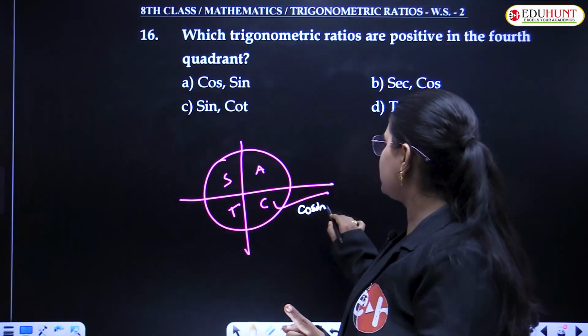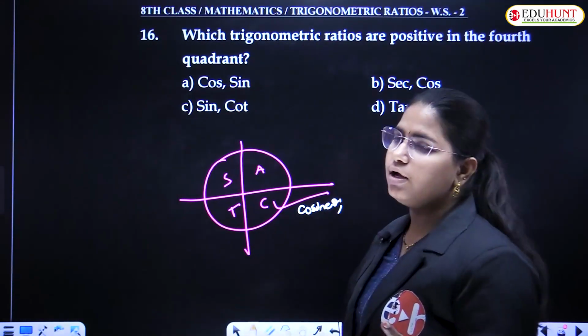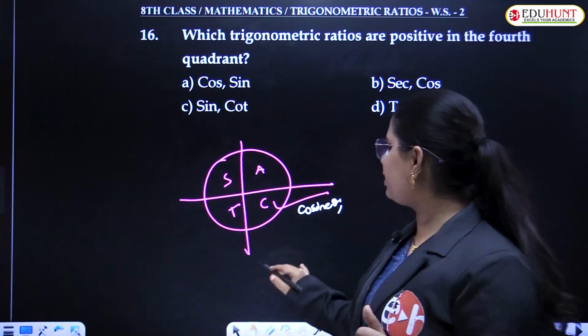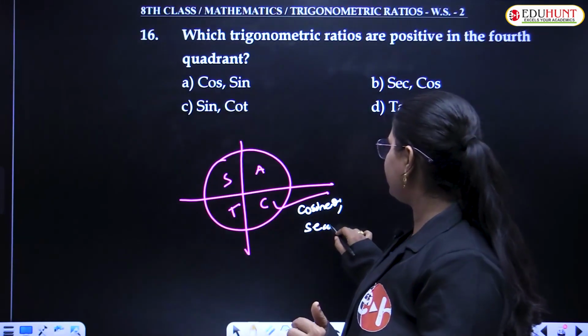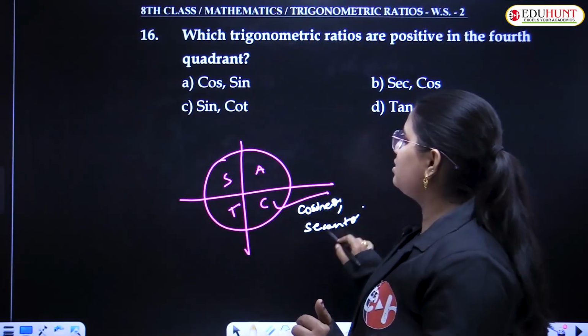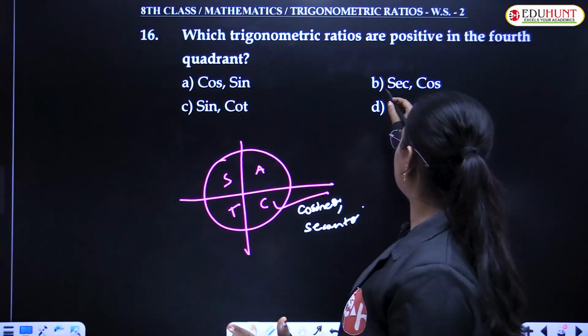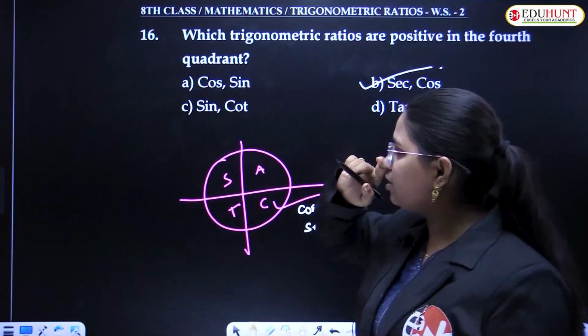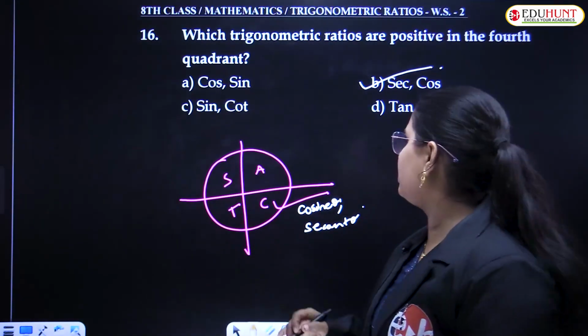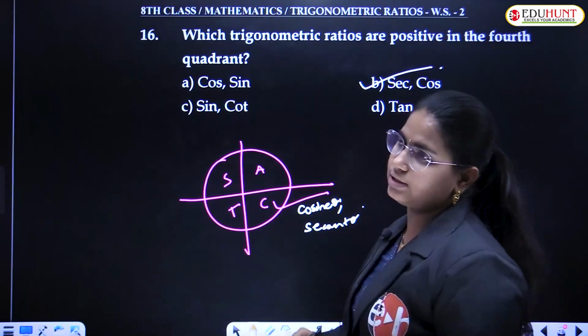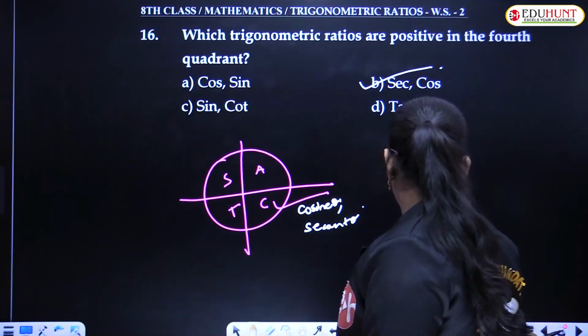C represents cosine theta, and the reciprocal of cosine theta is secant theta. Cos theta and secant theta. So what will be the answer? Option B will be your answer. Okay, next question.